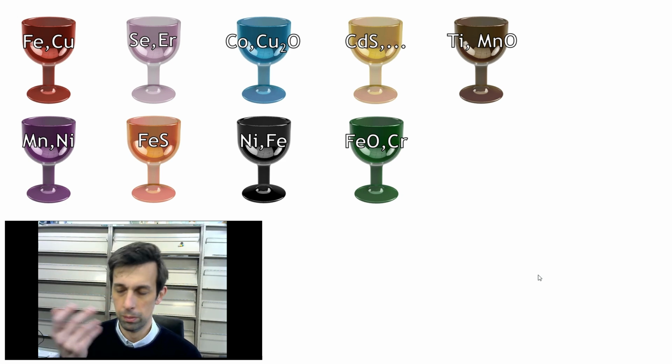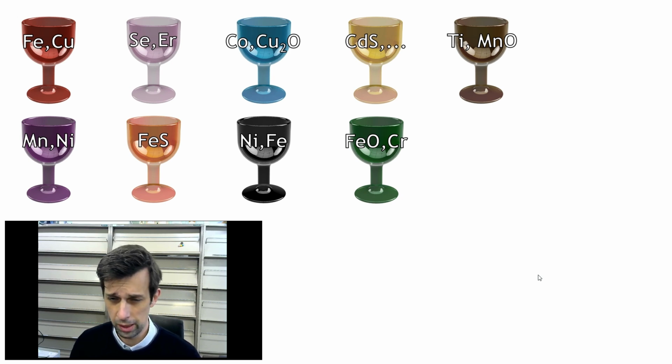For example, iron can do red, can do black, and can do green, and this basically depends on the valence of the iron we put and the amount. To make black, we need a lot of iron, for example.